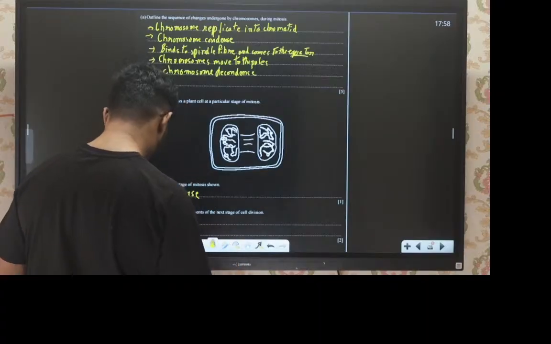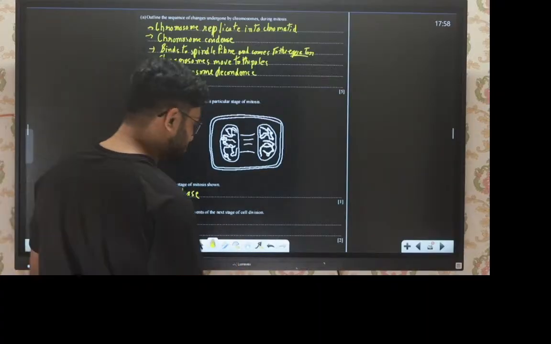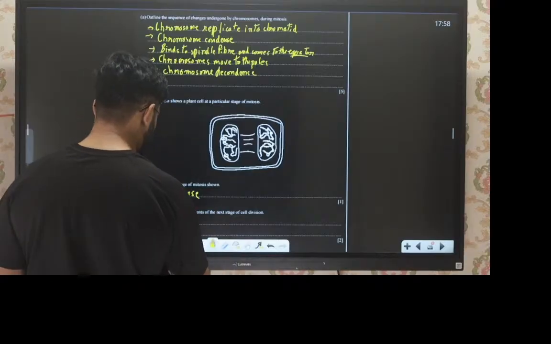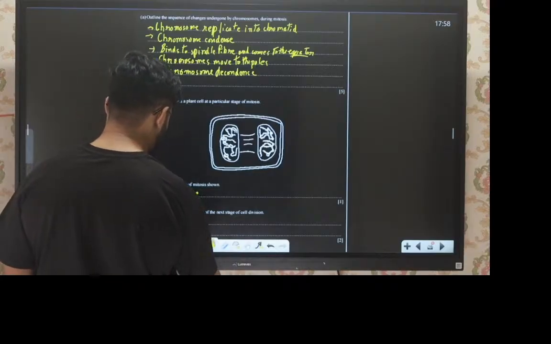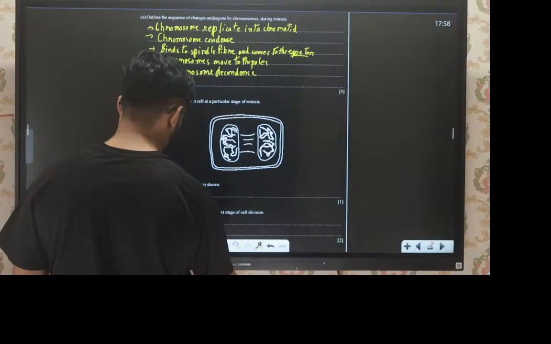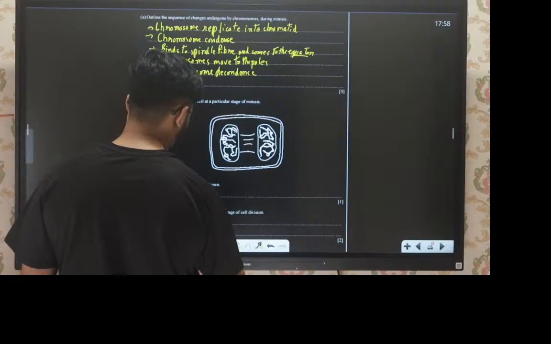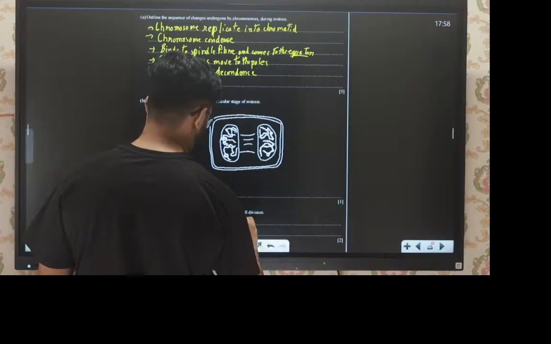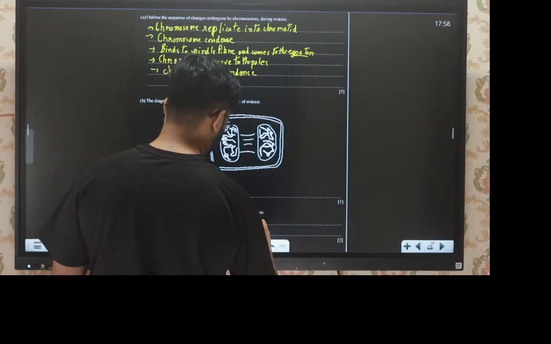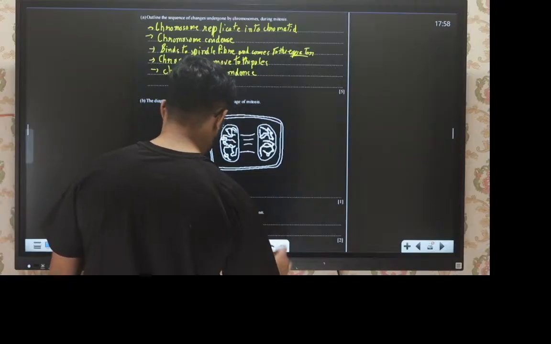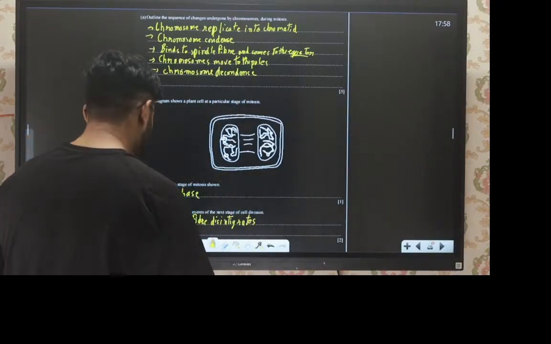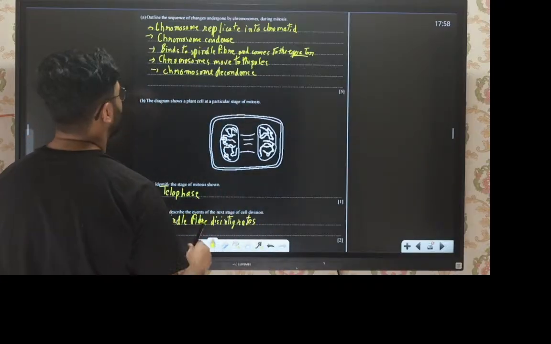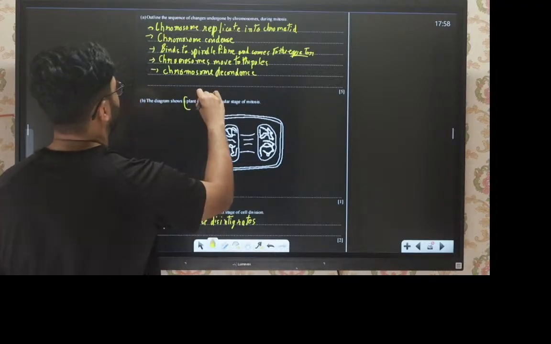Spindle fiber disintegrates. So 2 marks. So I will start with spindle fiber disintegrates. And then I can say the cell wall forms, because this is a plant cell, remember?